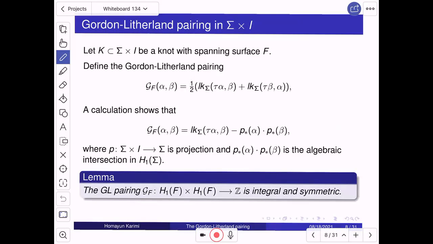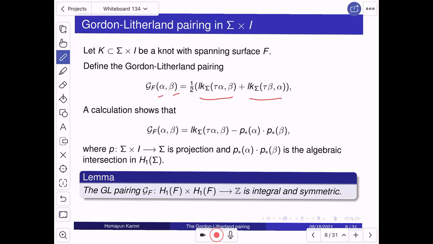We start with a knot K, and we take a spanning surface F. Remember, it's a surface with boundary K. And we define the Gordon-Litherland pairing, which is defined on the first homology of F. If you take alpha and beta, two homology classes inside F, you take the linking number of the transfer map of alpha with beta, and then you change the order of alpha and beta, you add these two together and divide it by 2.